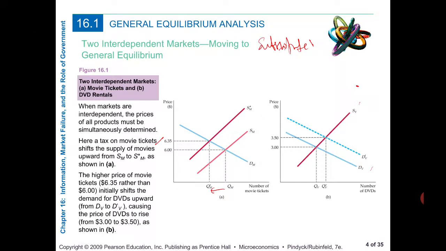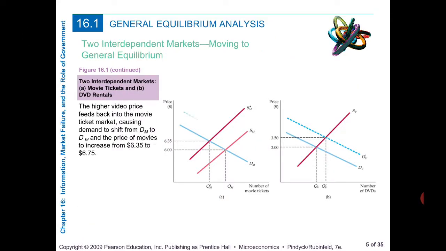So we see that demand increases for DVDs and the price of DVDs goes up to $3.50. But when the price of DVDs goes up to $3.50, then people substitute back from DVDs to movies. So now demand for movies goes up to D prime M, and the new equilibrium is 6.75.